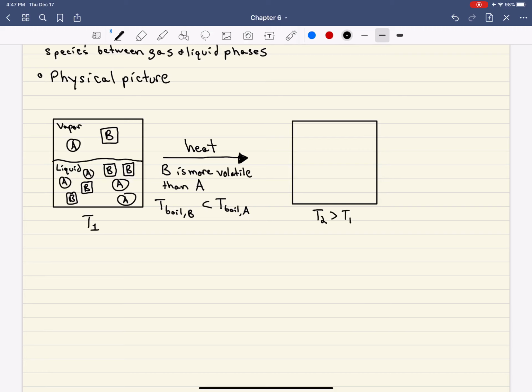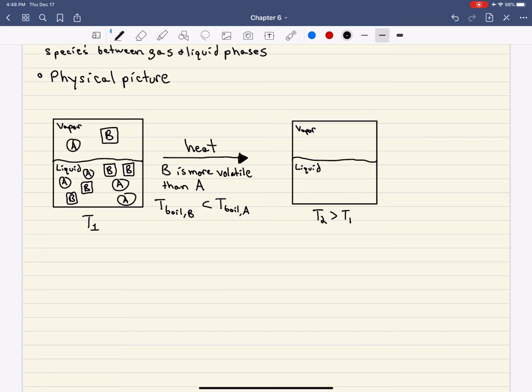All right? At the temperature T2, we're still going to have a vapor and a liquid phase. But because we added heat to the system, that allows some of the molecules from the liquid phase to go into the vapor phase. All right?